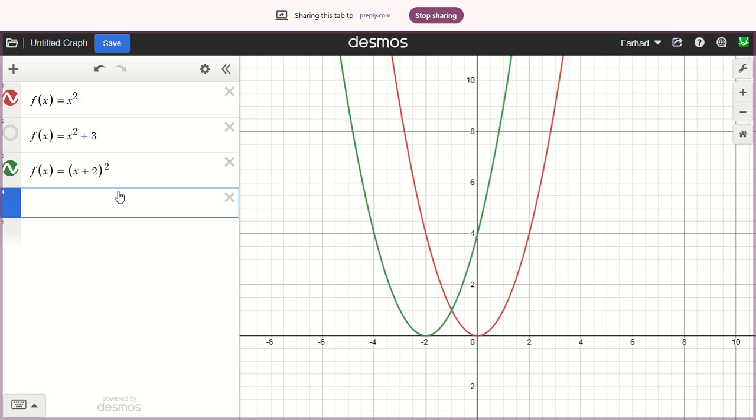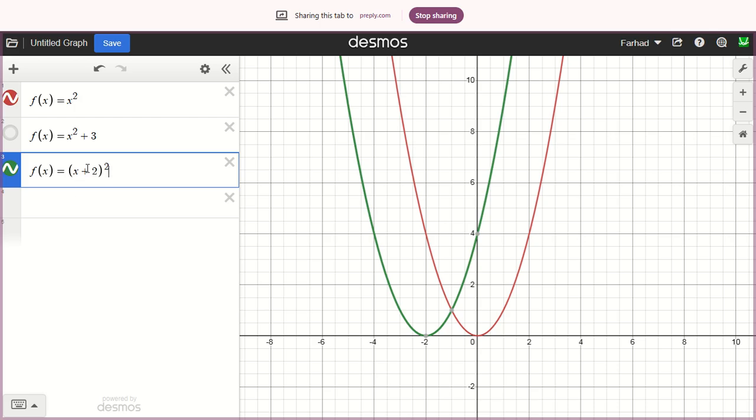Now, whole 2. Right. X equals minus 2. Yeah, that's why the function moves to left, negative direction, 2 units.